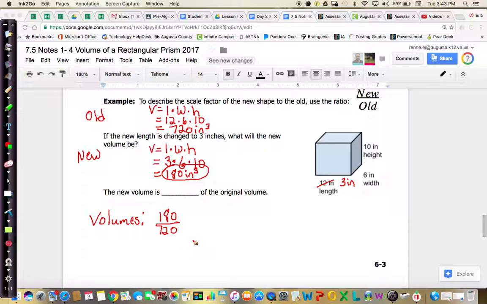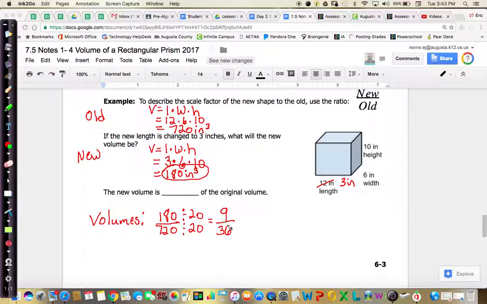But I notice if you count by 20s, anything that ends in 20, 40, 60, or 80 or double 0 is divisible by 20. So I'm going to divide top and bottom by 20 to make this easier. And 180 divided by 20 is 9. And 720 divided by 20 is 36.